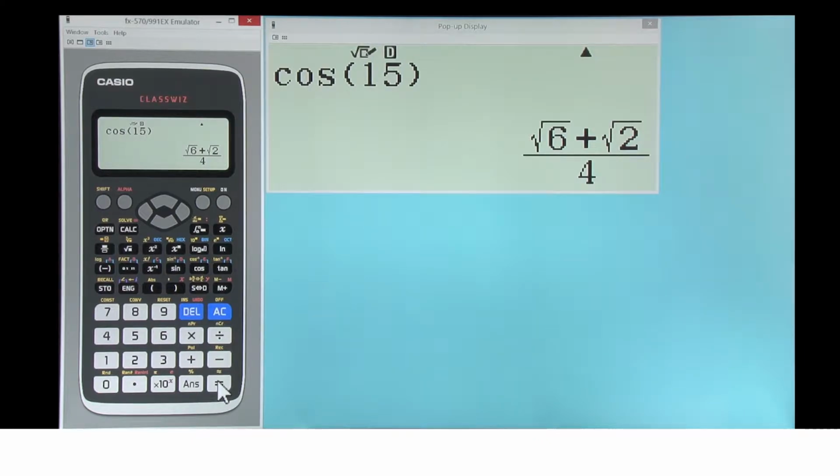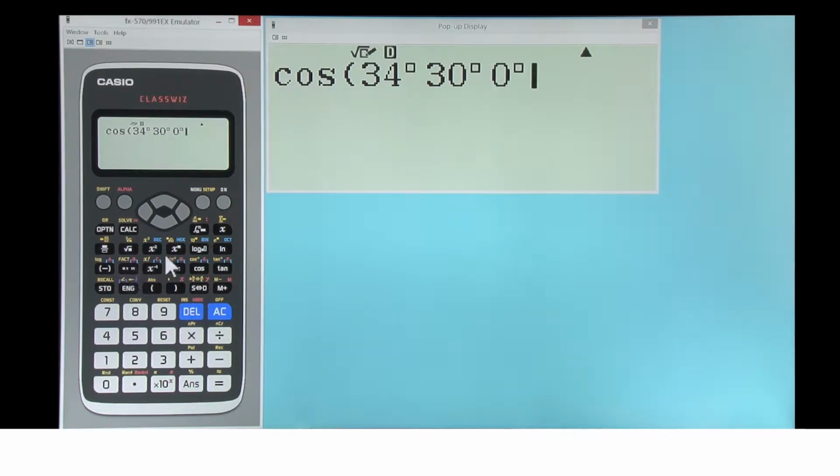So, for example, if we wanted to find the cosine of the angle 34 degrees and 30 minutes and no seconds, notice every time I'm tapping this key here, I'm getting the same degree symbol showing on the screen, but it means degrees and minutes and seconds. And there we have the cosine of 34 degrees, 30 minutes and 0 seconds.